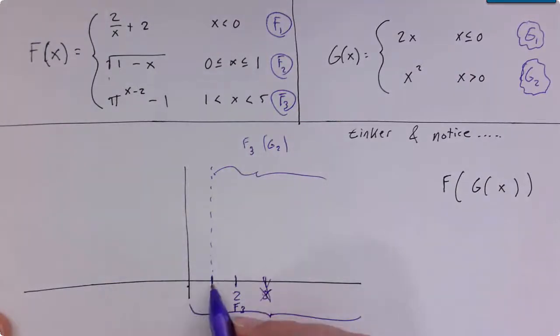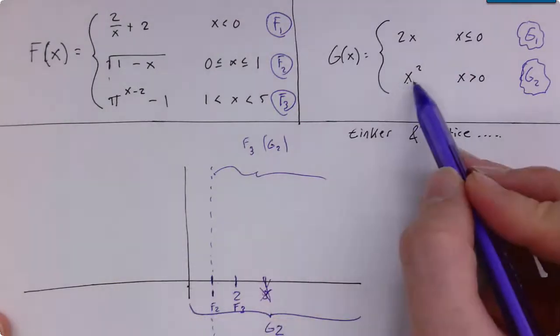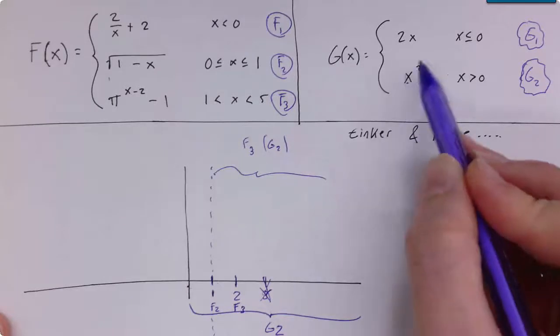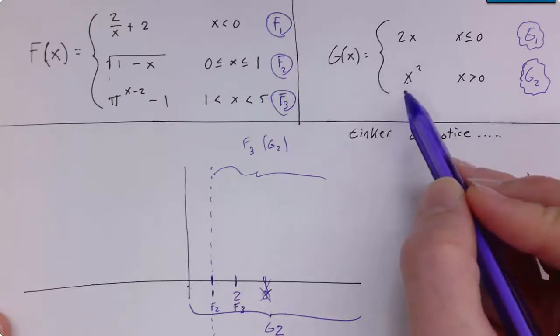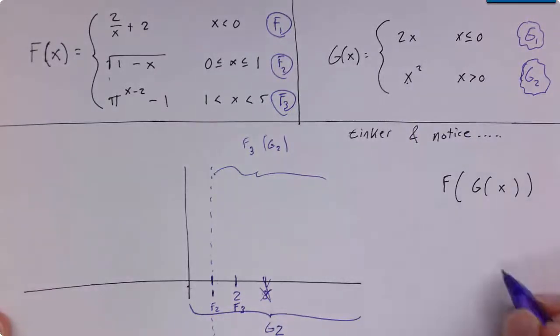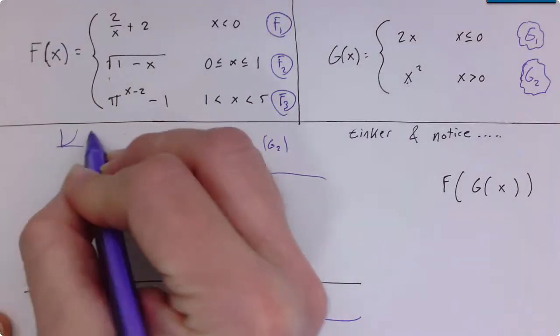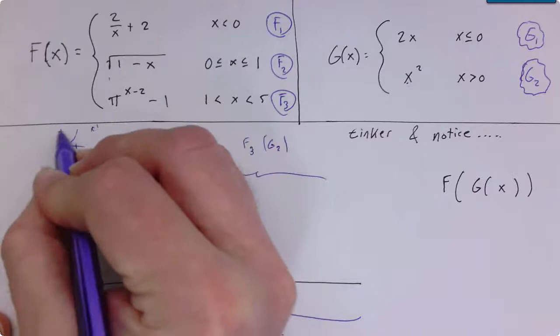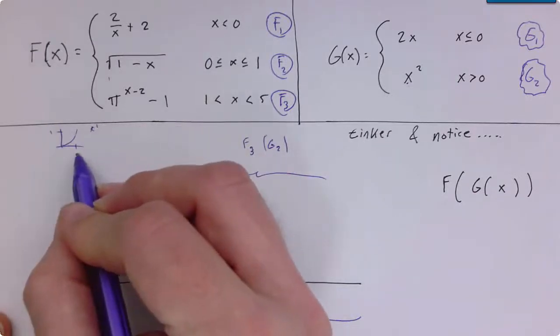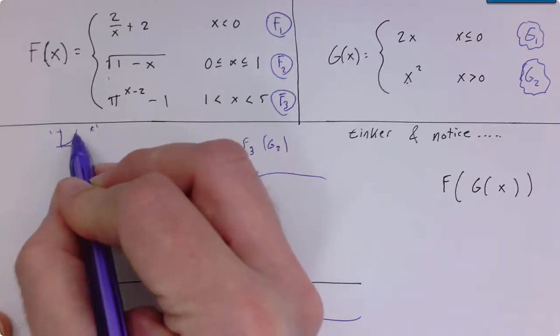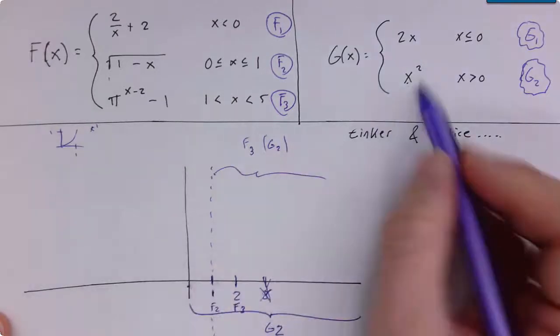What about between 0 and 1? I already know that the output of x squared between 0 and 1 is also between 0 and 1. You can imagine, let's do a little graph over here. Here's x squared. If I plug in any input between 0 and 1, the output is also going to be between 0 and 1 because of the shape of that curve.